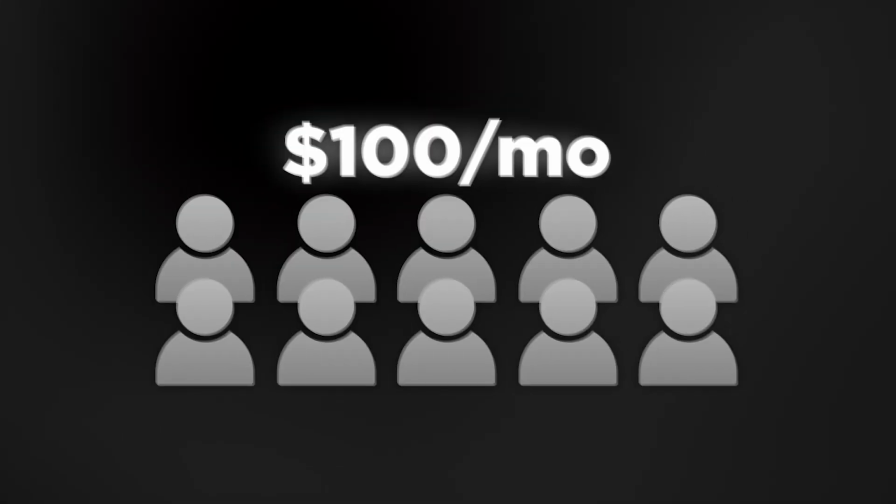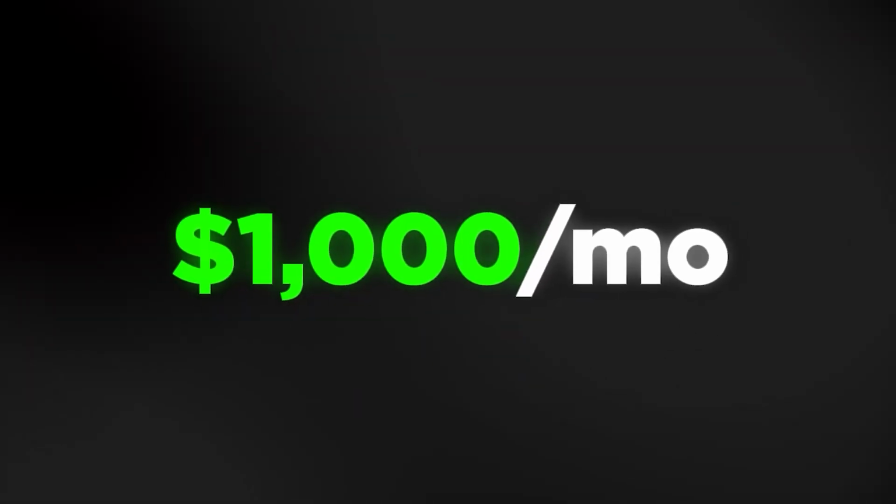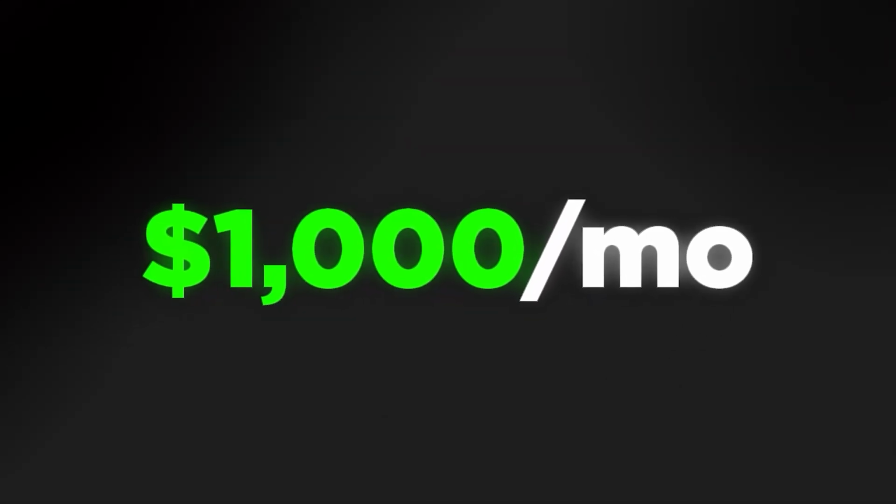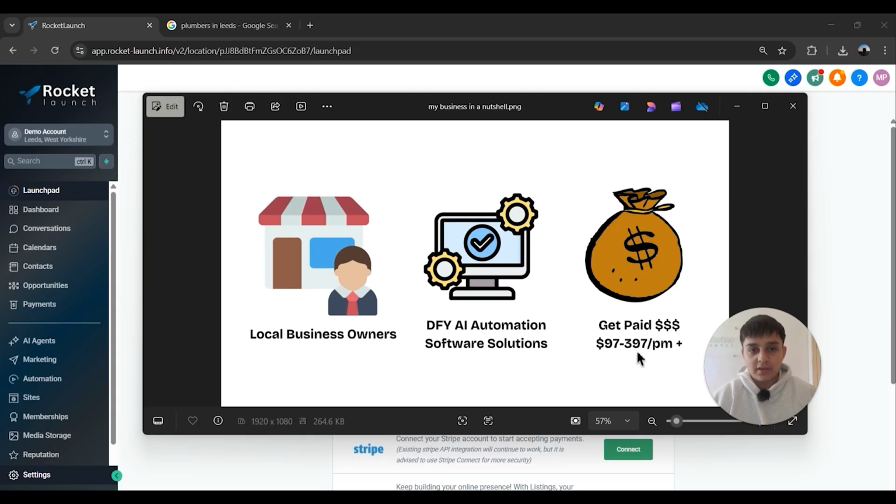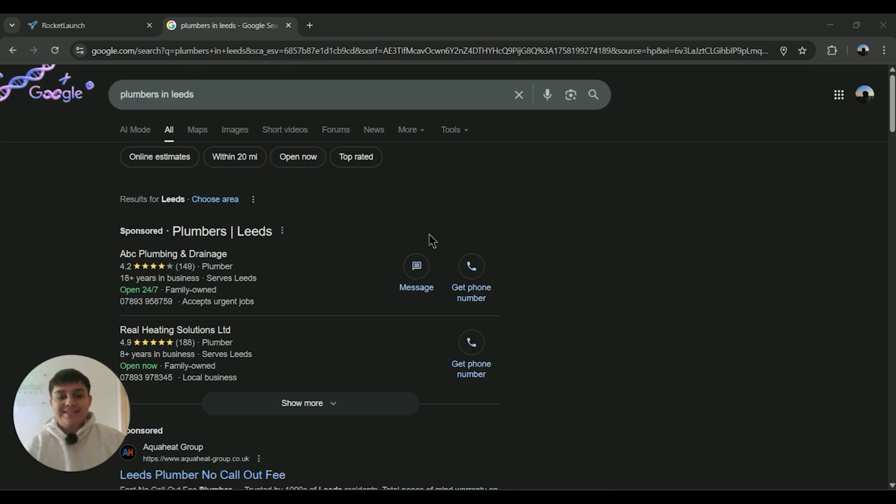Now just imagine if you got 10 clients on for even $100 per month. That is $1,000 per month in recurring revenue, and this is all profit. Whatever you make is yours. You're not sharing it with me, you're not sharing it with anyone else. It's all yours.